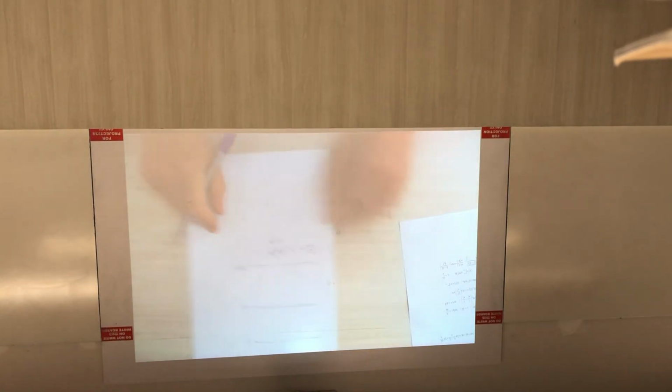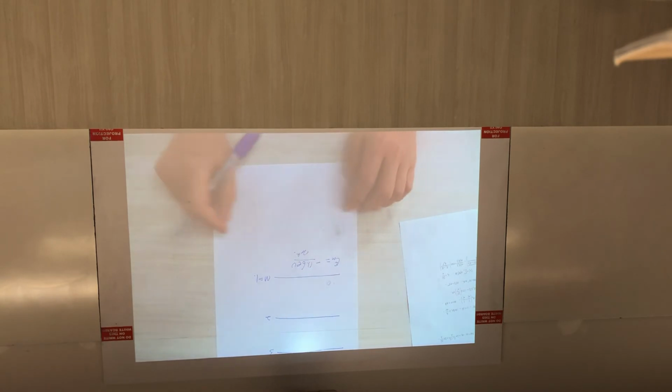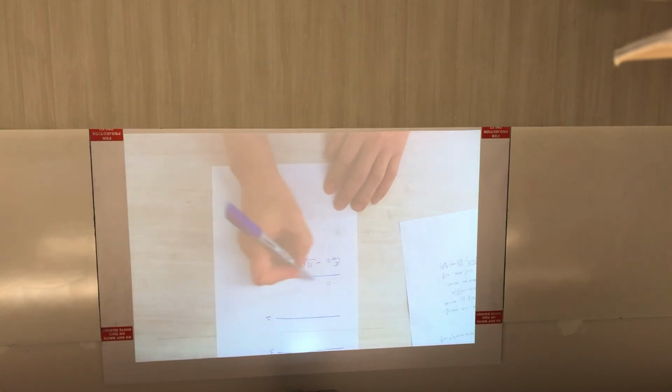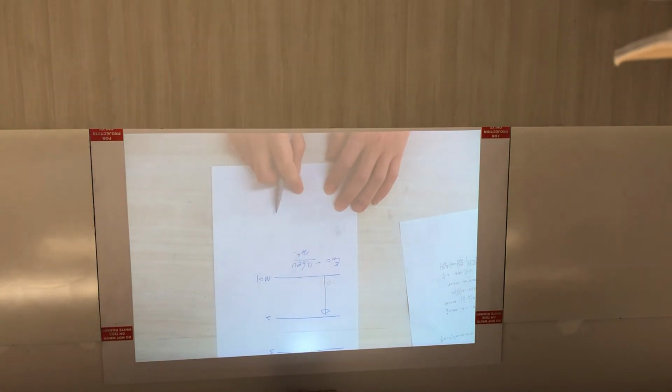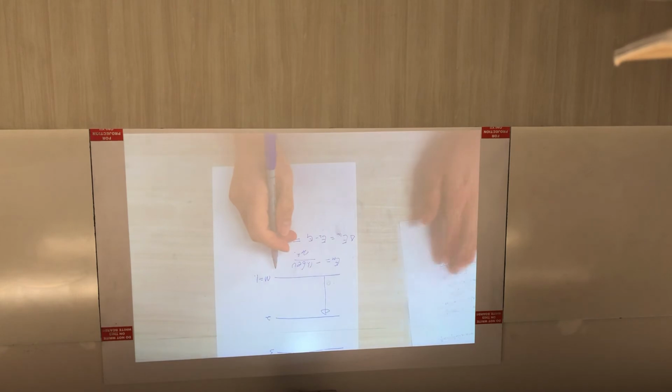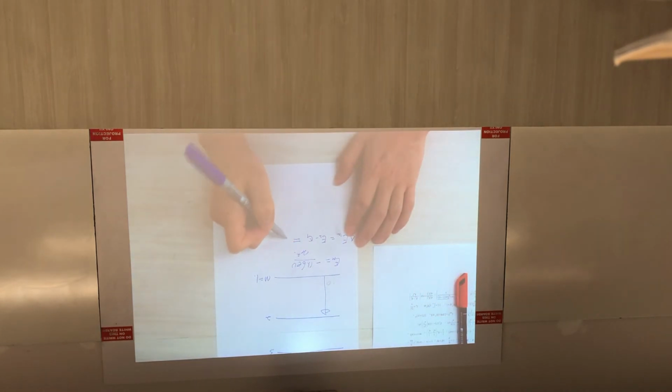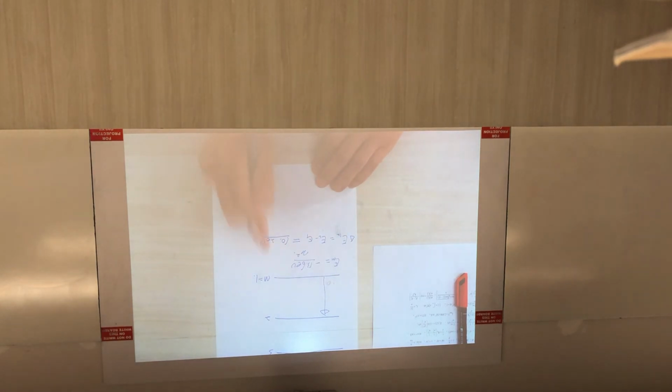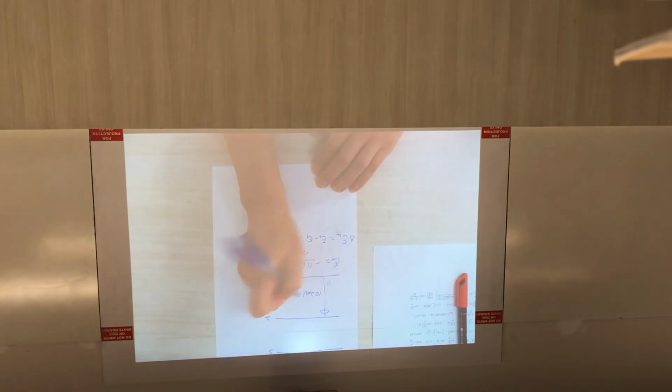For the first transition, delta E from 1 to 2 is E2 minus E1, and if you calculate this it becomes 10.2 electron volt.